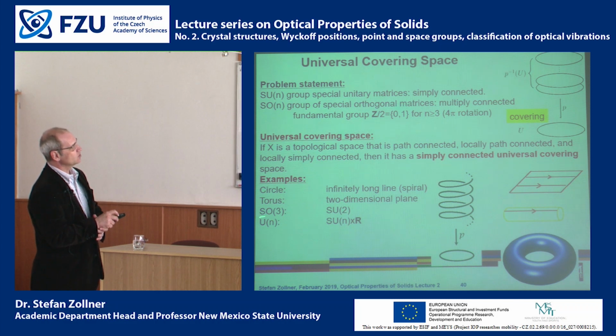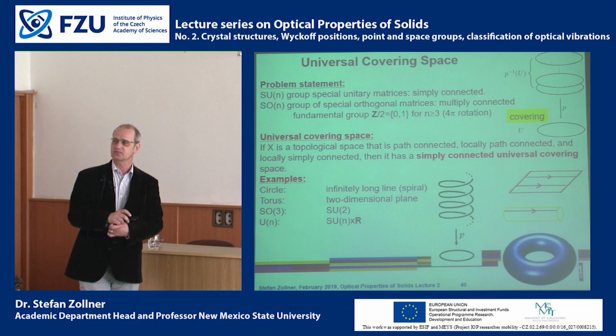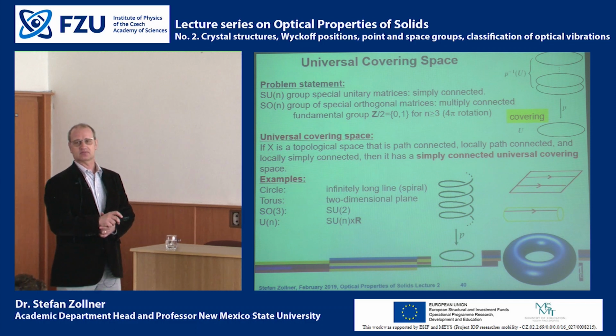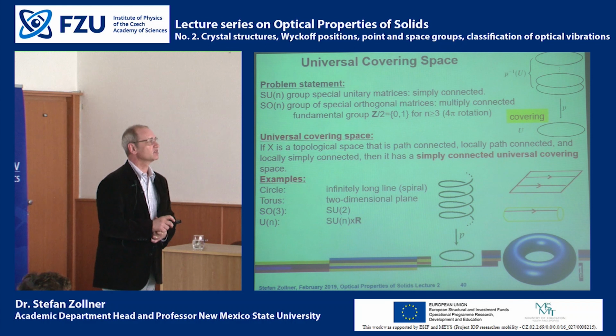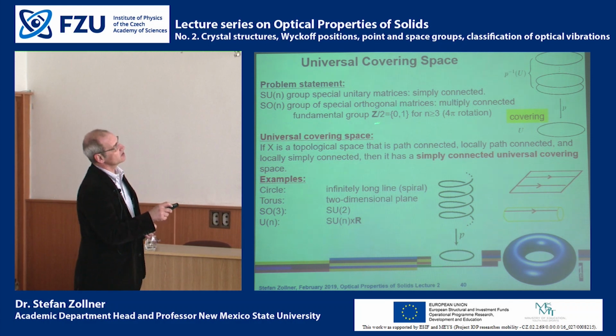In the case of SO3, it is not so easy to draw pictures, but mathematicians can prove that the universal covering group for SO3 is equal to SU2, and the fundamental group is the cyclical group with two elements.